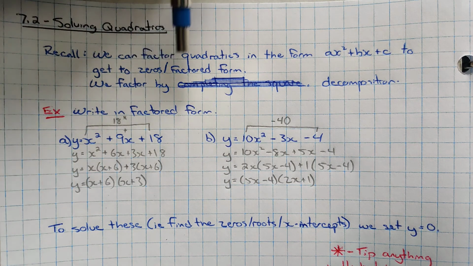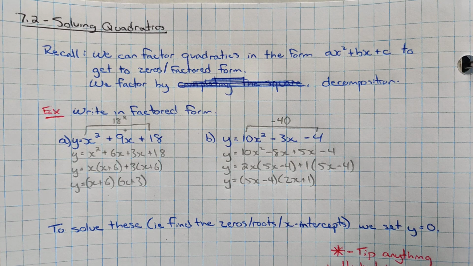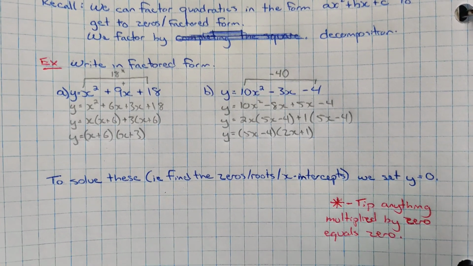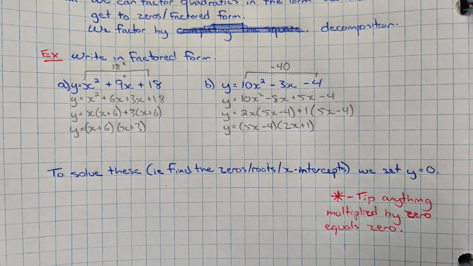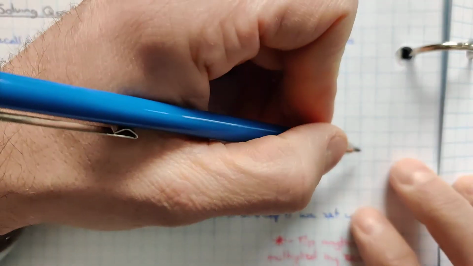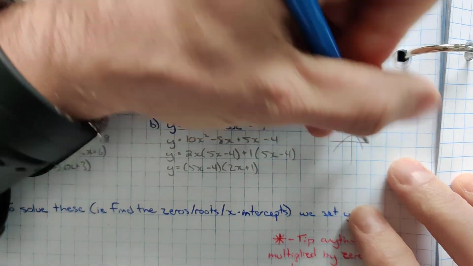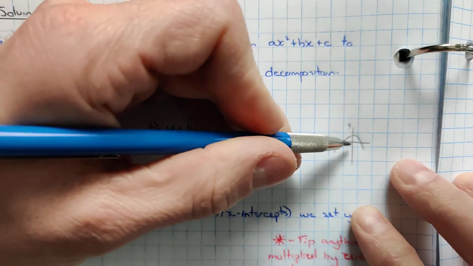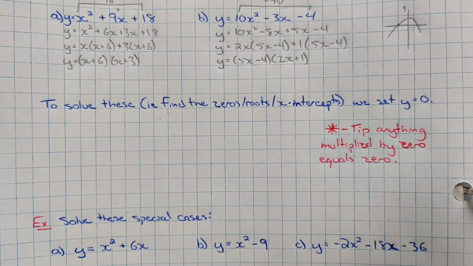Now, when we want to solve these equations, what we're looking for in general is the zeros, roots, or x-intercepts. So to solve these, we're going to set the y equal to 0 when we have our x-intercepts. If I draw a quick little sketch here of a parabola, our x-intercepts occur when the y value on the y-axis is 0. So we want to solve these for 0.